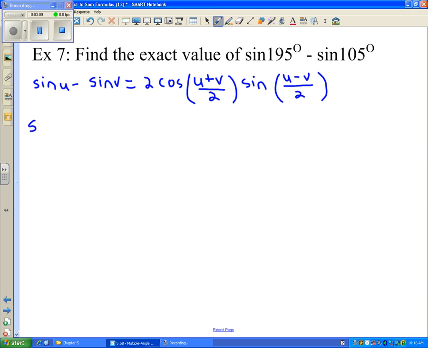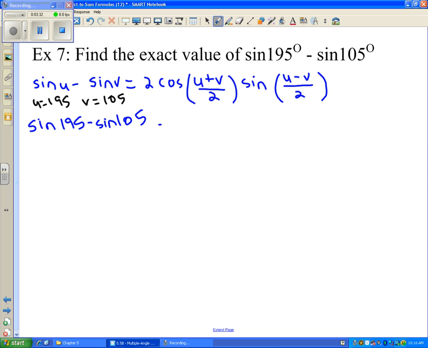Let's rewrite. I have the sine of 195 minus the sine of 105. Notice that u is equal to 195 and v is equal to 105.